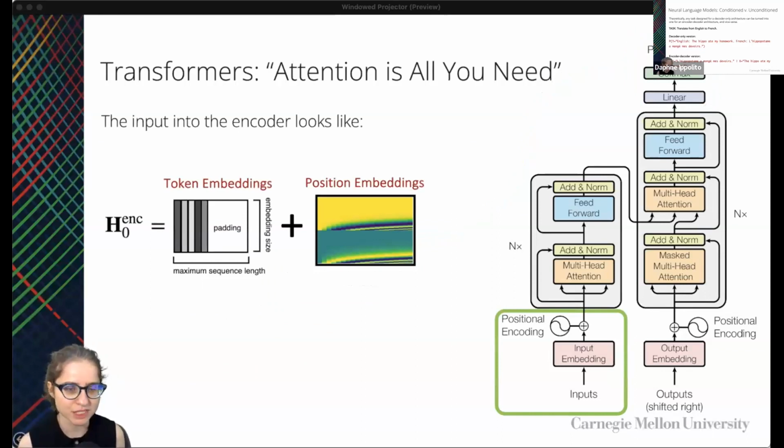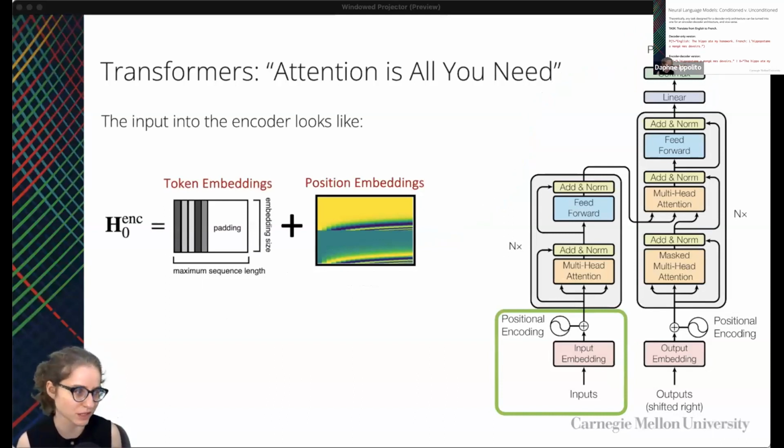And this is a part that's a little bit different from what we've seen before. One of the big differences between recurrent neural networks and transformers is that transformers don't operate on variable length sequences. And so you need to have basically this input matrix that we pass as input to the encoder. We form this matrix by taking the embeddings for each of the vocab items and stacking them together.